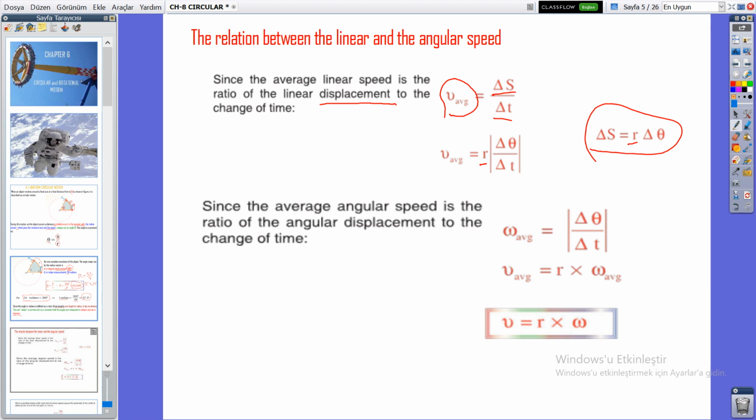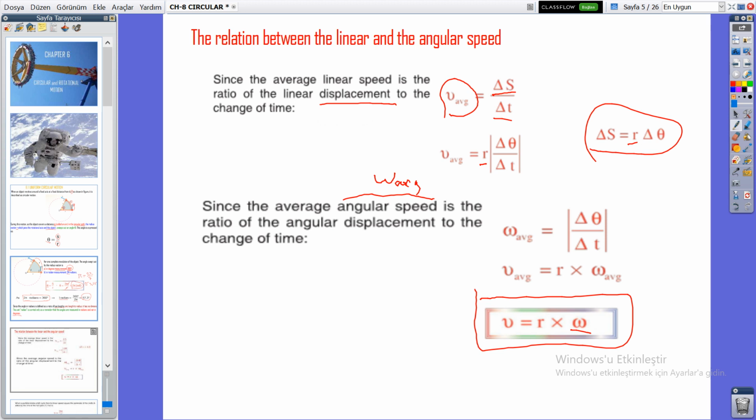And for the average angular speed, we show angular speed as omega, and average as omega avg. Average angular speed is the ratio of the angular displacement to the change of time, and we can find linear speed equals radius multiplied by angular speed.